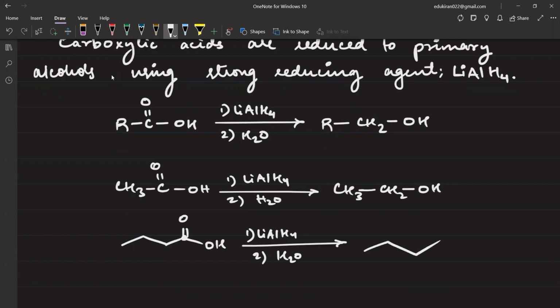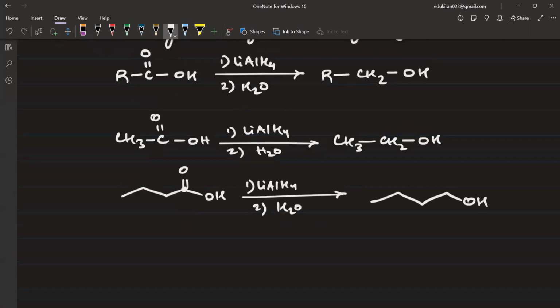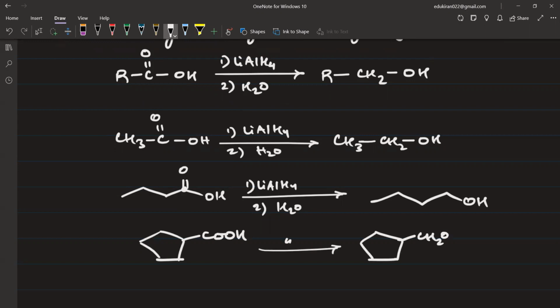So this carbon atom will get converted to CH2OH. Or rather than writing this, you can also just remove the oxygen. If you have COOH, same reagents, everything will be as it is. This will become CH2OH. That's it.